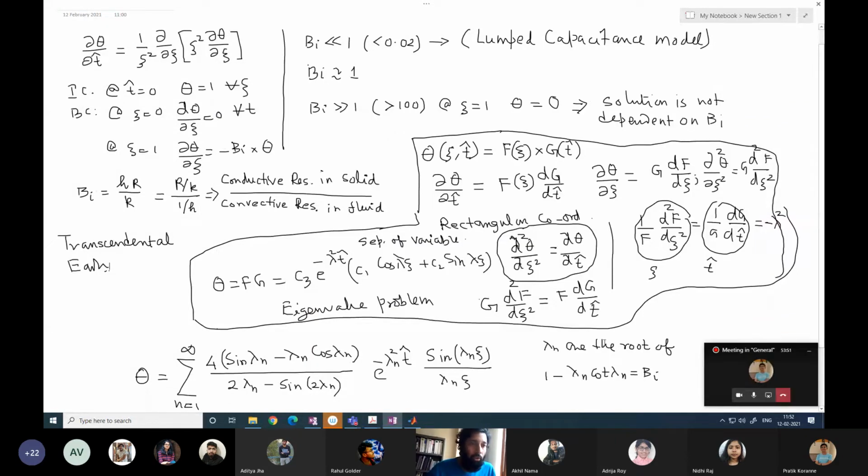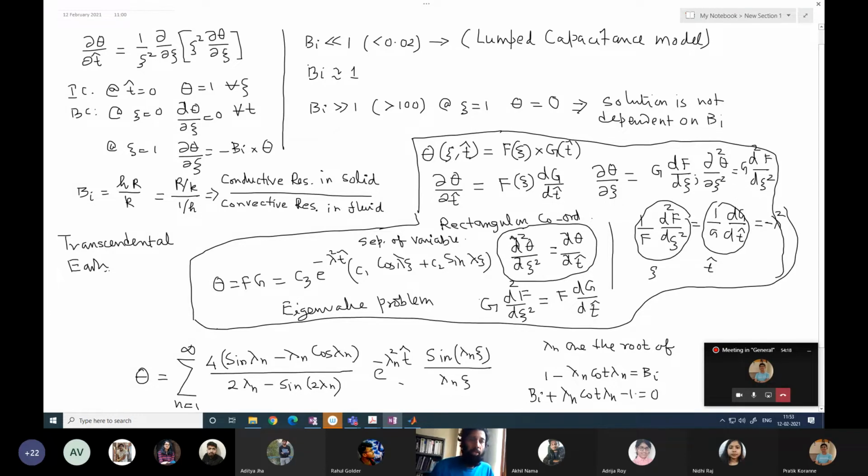Let us concentrate on how to solve this. Now I am trying to show you how to get the roots of this equation, that is the different lambda n, by plotting. So what I am trying to plot is Bio number plus lambda n cot lambda n minus 1 equals 0.